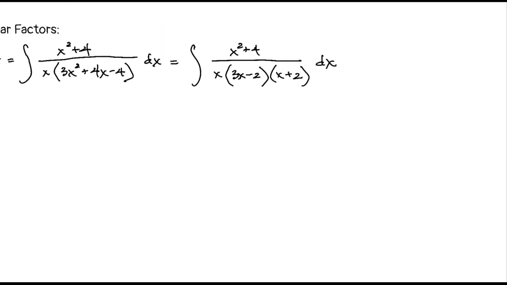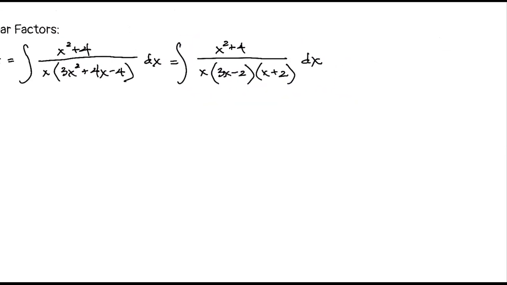Now, what this means is that I hope to end up with a situation that is like a over x plus b over 3x minus 2 plus c over x plus 2 dx. And if I know my a, and I know my b, and I know my c, then I can take the integral, okay?